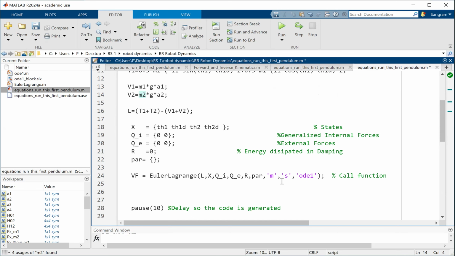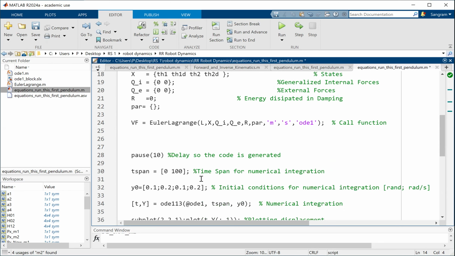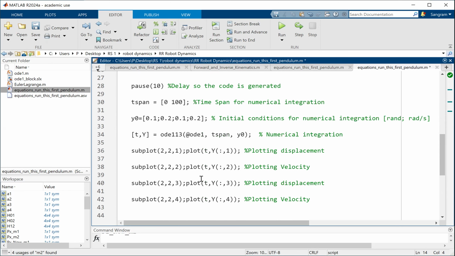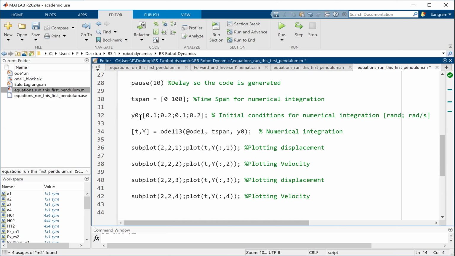Next step is you use the Euler-Lagrange function, generate the code, and here I'm specifying some initial conditions. Time span is how long I want to integrate this equation of motion. Time span is 0 to 100 seconds. Now, 0.1, 0.2, 0.1, 0.2, these are the initial conditions. So the first one is theta 1.